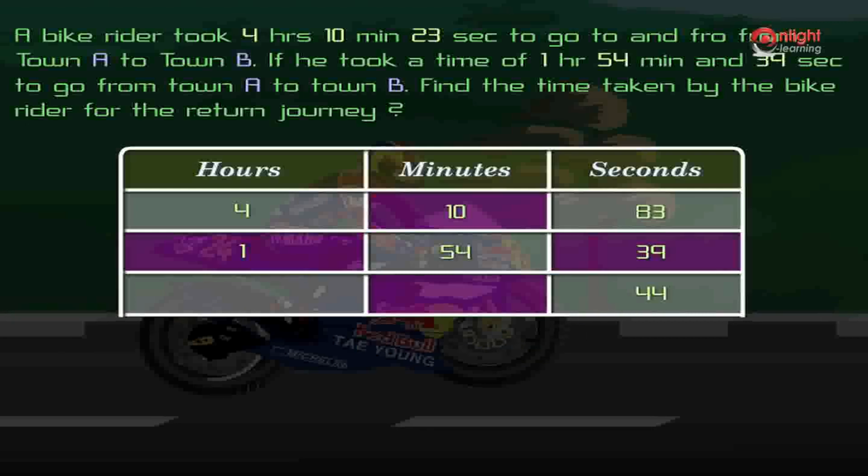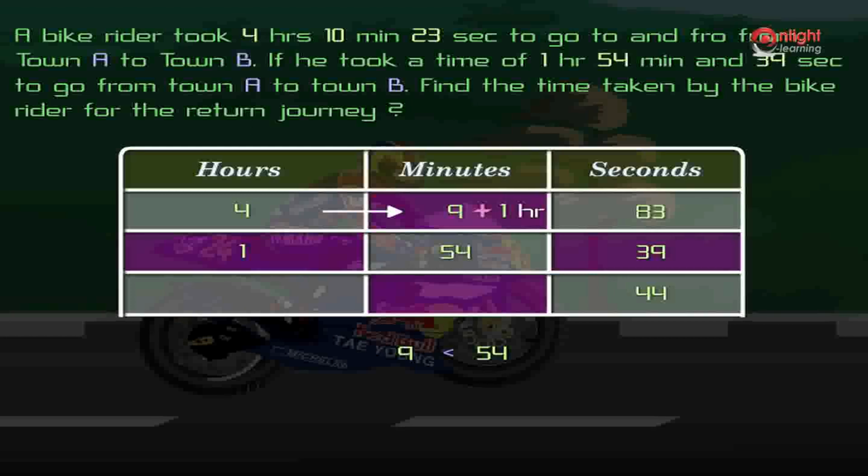Now, subtract the minutes column. We first subtract the 1 which was borrowed from 10. Hence, 9 minutes minus 54 minutes. Since 9 minutes is less than 54 minutes, we borrow 1 hour from the hours column and add it to the minutes column as shown.